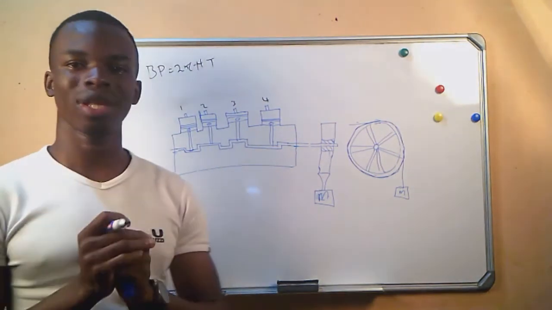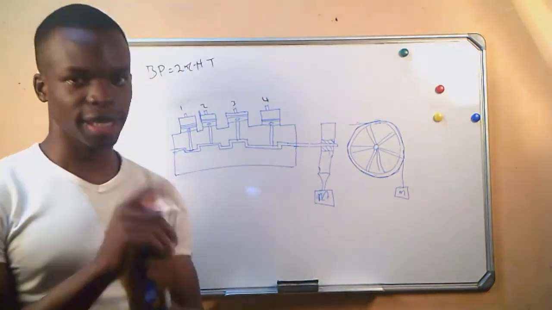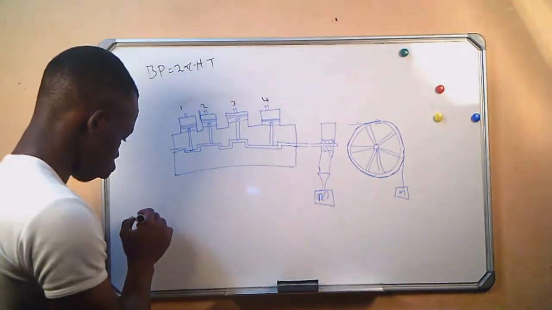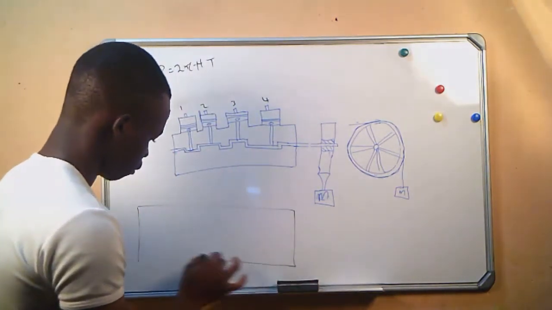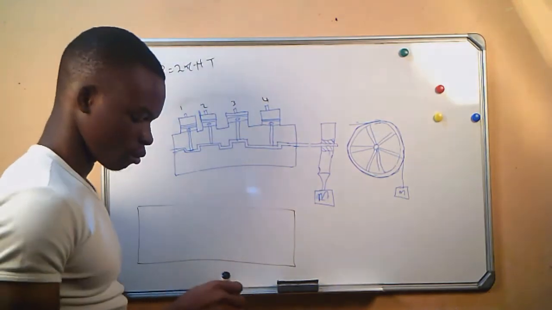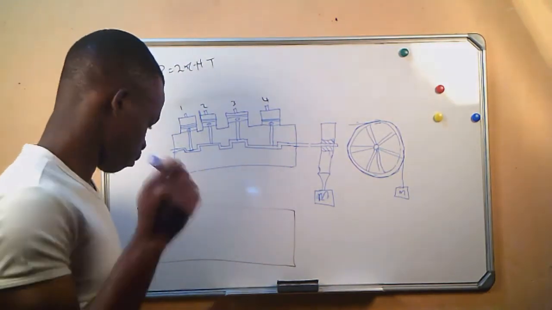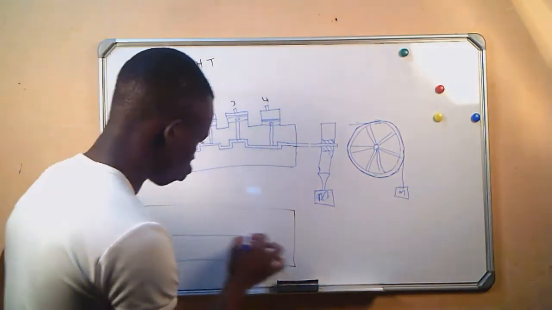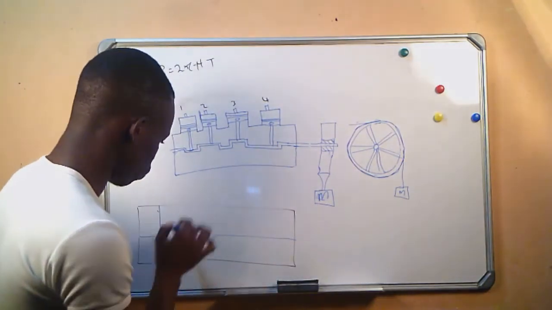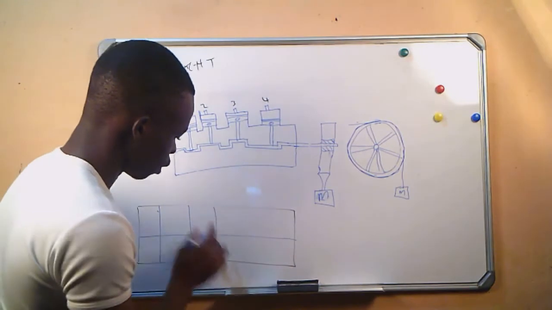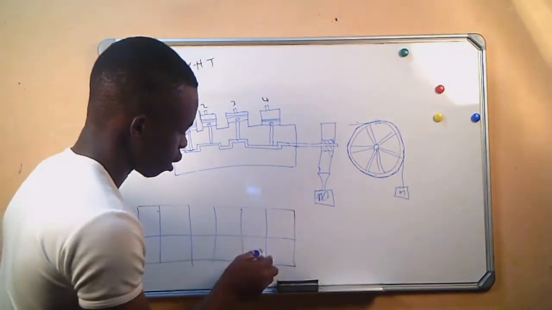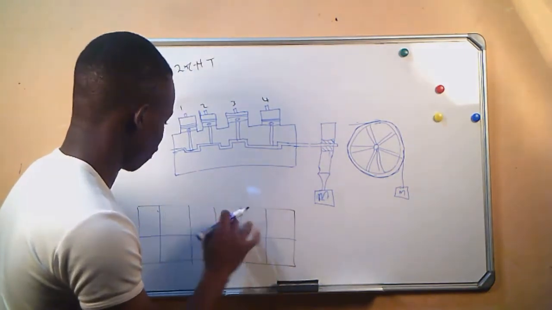Now we want to conduct the MORSE test. First, we are going to draw a table like this, with 2 rows. It's a 4-stroke engine.